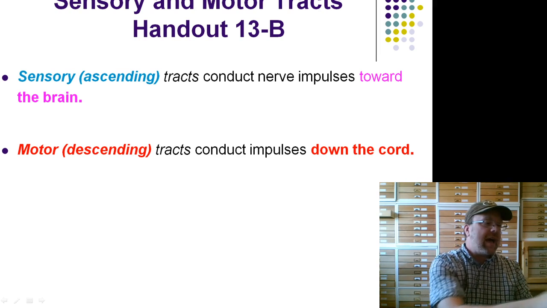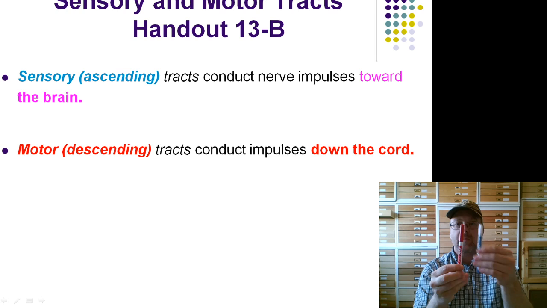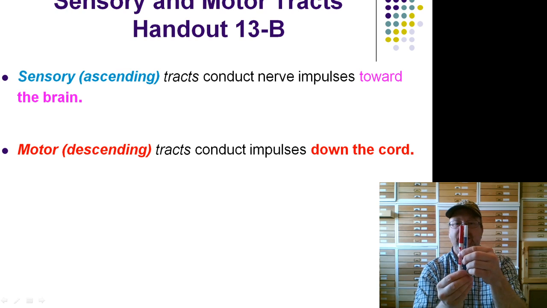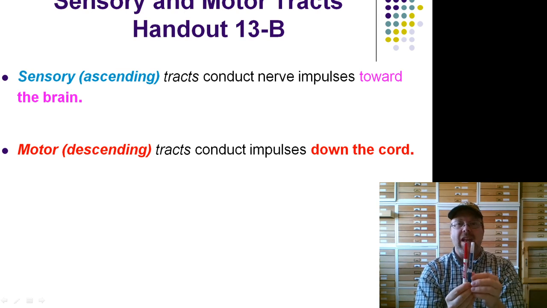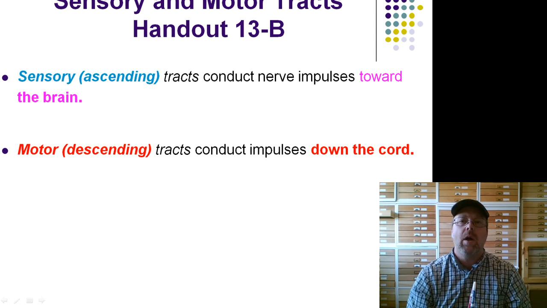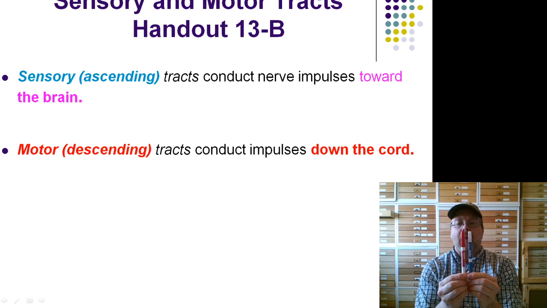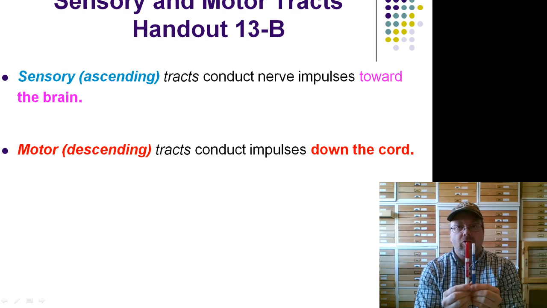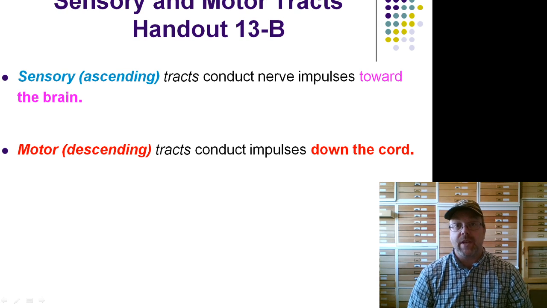So if I have a motor tract, it might be right next to a sensory tract. This is like 4th Street. This is like 5th Street. They are one-way streets, and the information cannot go the opposite direction. And remember, this is how our neurons are built, right? So our spinal cord has these different tracts for different functions. Some are motor, some are sensory.